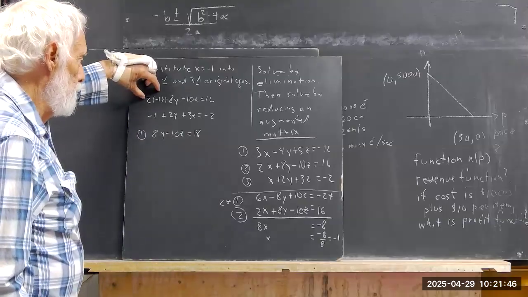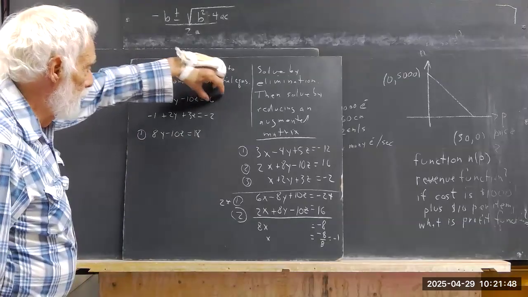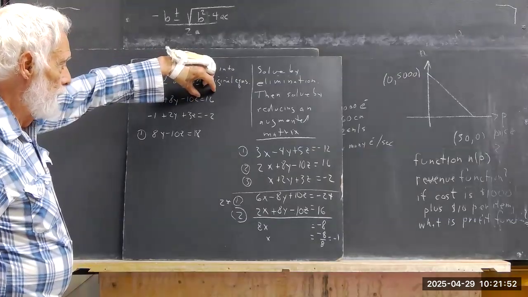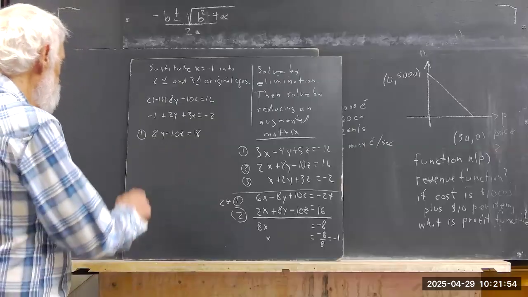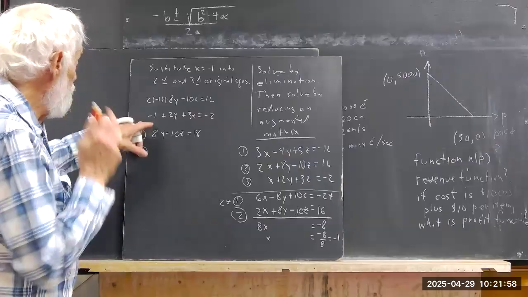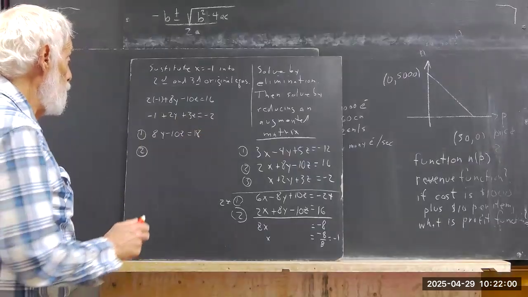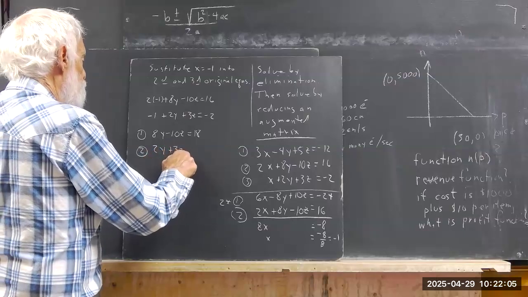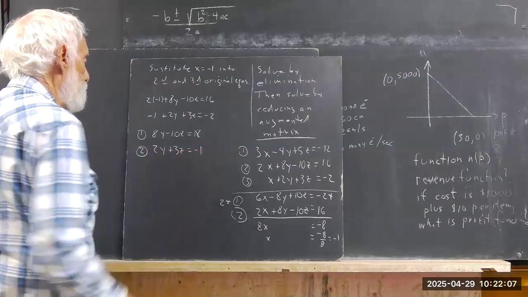Because we have -2 here, so we add 2 to both sides. Adding 2 to this side gets rid of the -2, and adding 2 to this side gives us 18. I'm not going to write that step out, but that's what we did. And similarly here, we just add 1 to both sides, and we get 2y plus 3z equals -1.